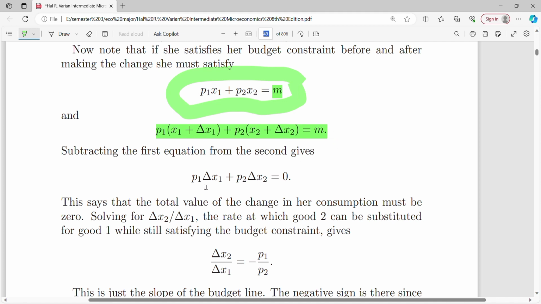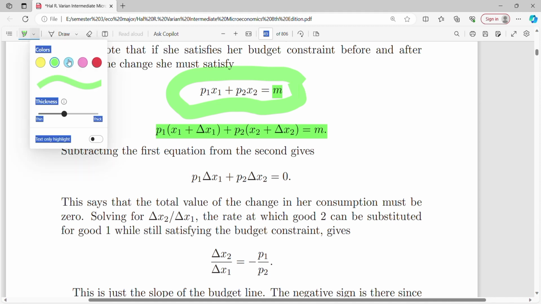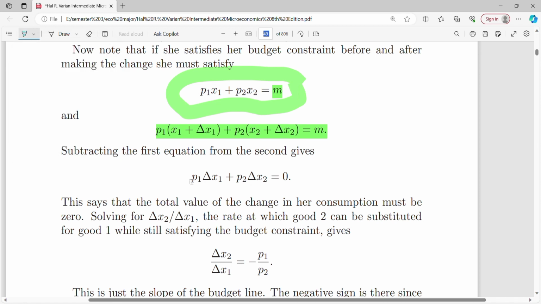Then we get P1 delta X1 plus P2 delta X2 is equal to 0, which is a really important result. That is, the total value of the change in her consumption must be 0 for her to satisfy the budget constraint.